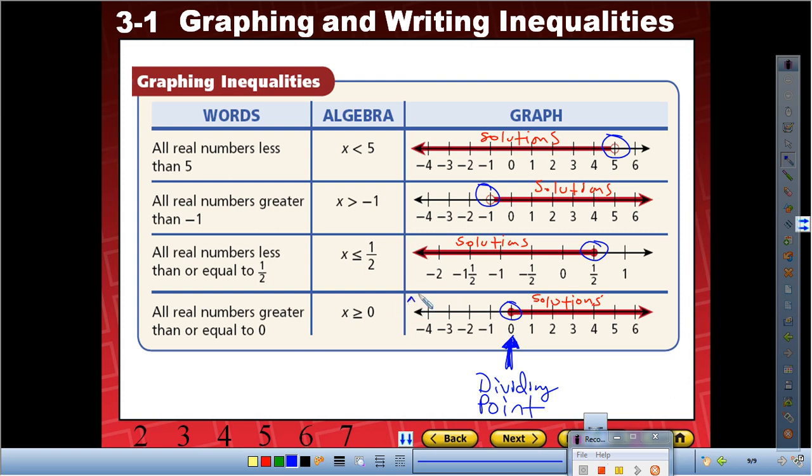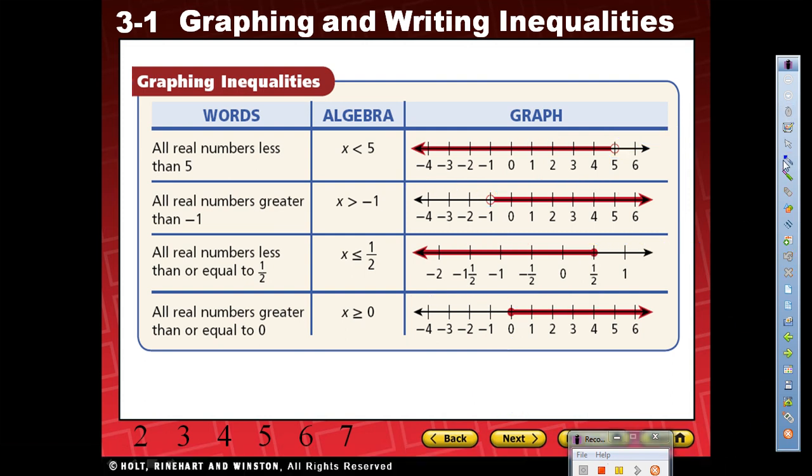This is no solution. And the same thing with these, no solutions. Does everyone understand? So therefore, it's called the dividing point because it divides the number line into two sections, no solutions and solutions. So now back to our problem at hand.